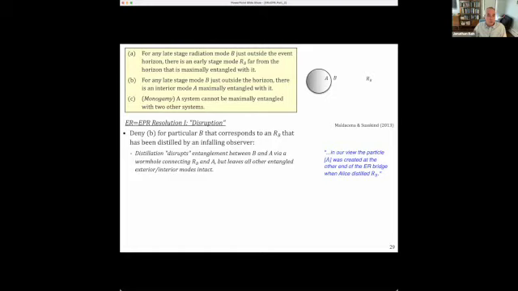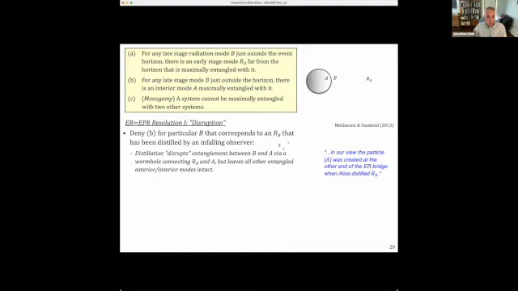Then Maldacena and Susskind propose the following resolution of the firewall problem, an ER equals EPR based resolution. And it seems to me that in their article, they present two versions of this ER equals EPR resolution. I'll call the first version the disruption version.